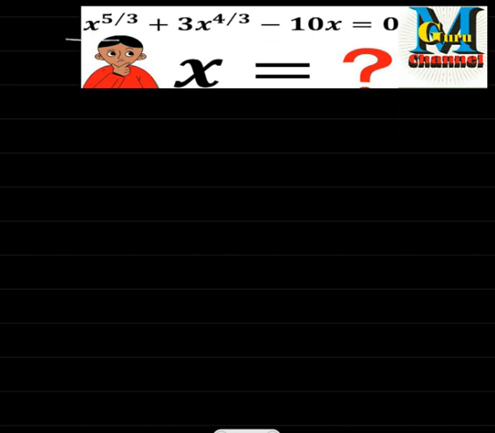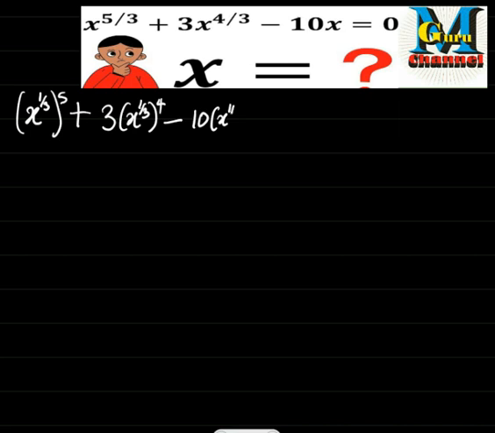The expression we have here can be rewritten as (x raised to the power of 1 over 3) raised to the power of 5 plus 3 into (x raised to the power of 1 over 3) raised to the power of 4 minus 10 into (x raised to the power of 1 over 3) all raised to the power of 3, and we equate it to 0.